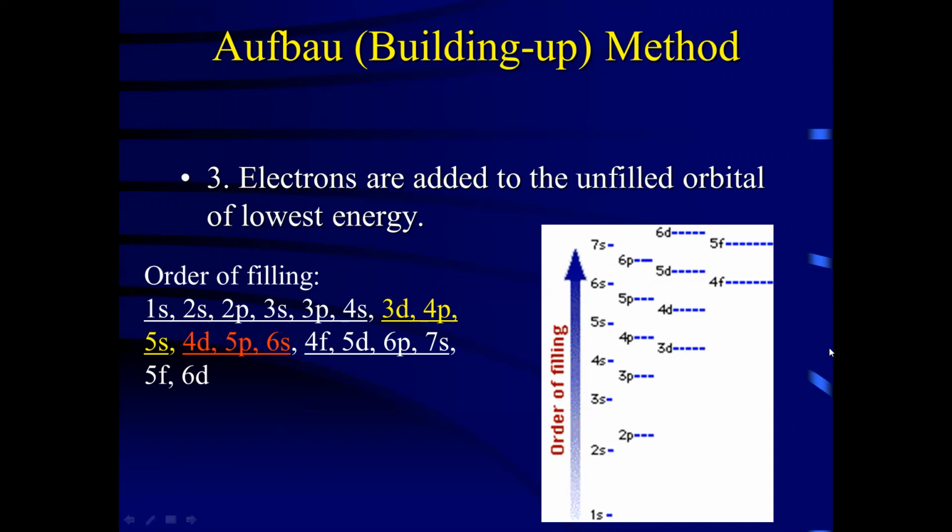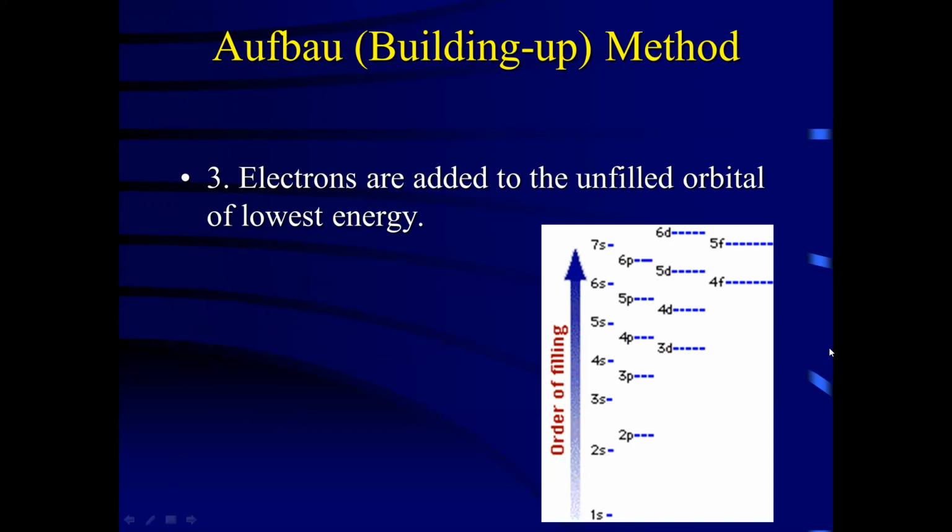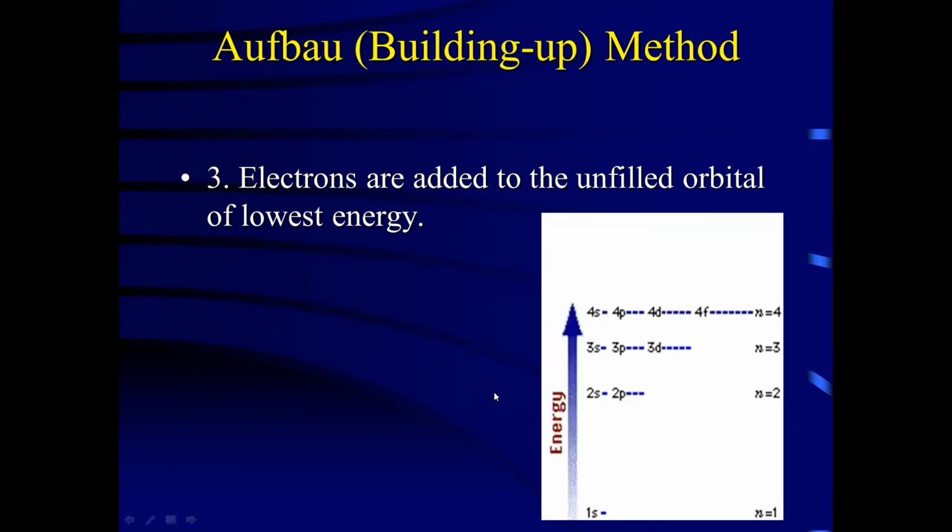For single electron atoms, for example here, they have the same energy. However, if one atom has multiple electrons, the outer layer of electrons will be screened by the inner electrons. So that causes the energy shift.